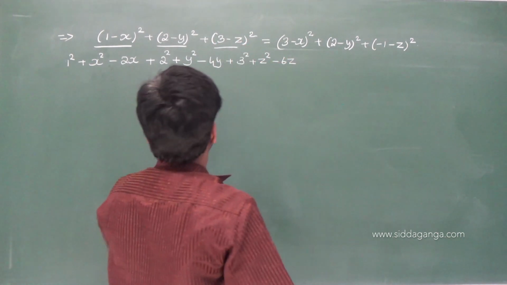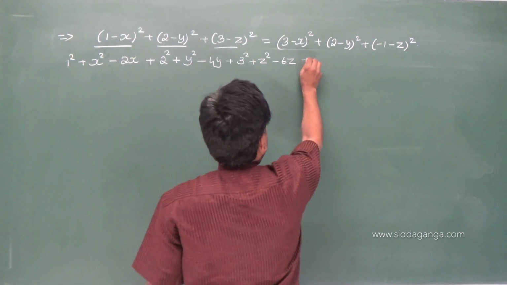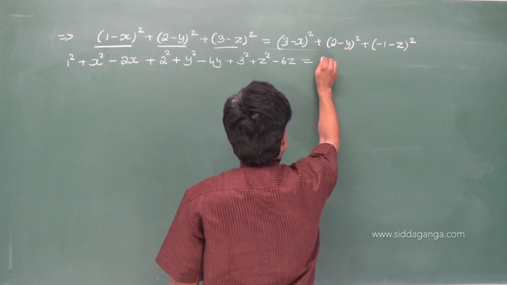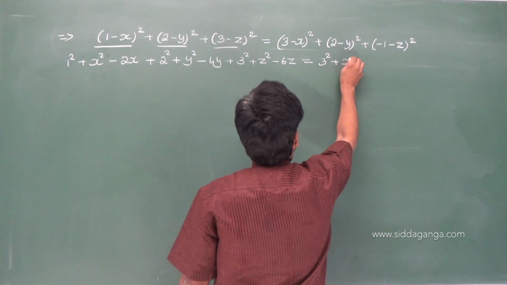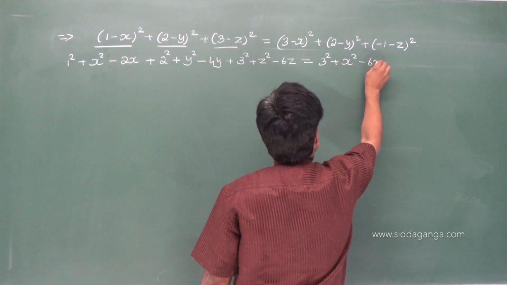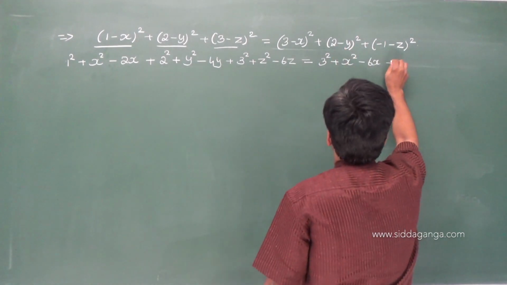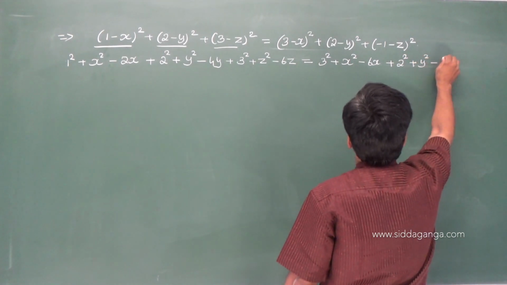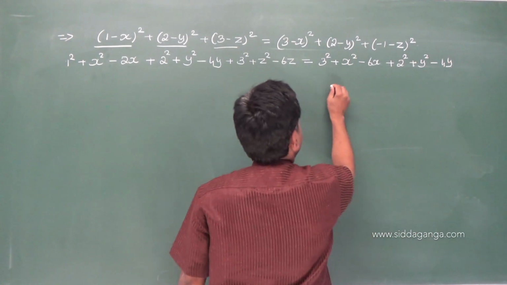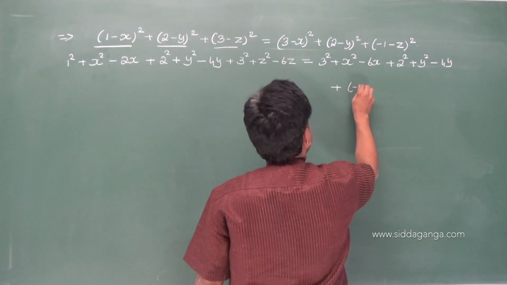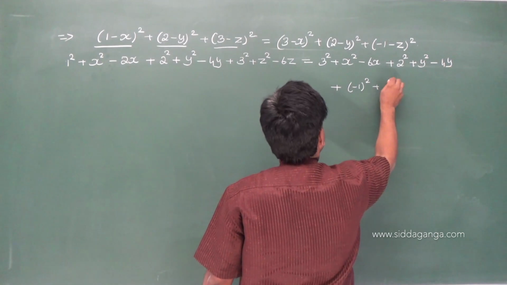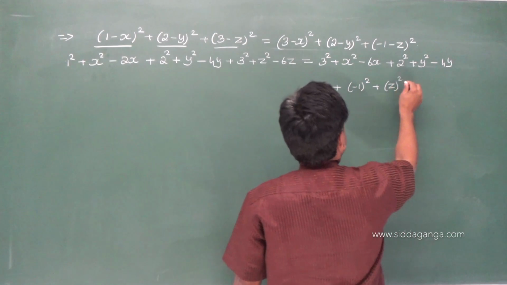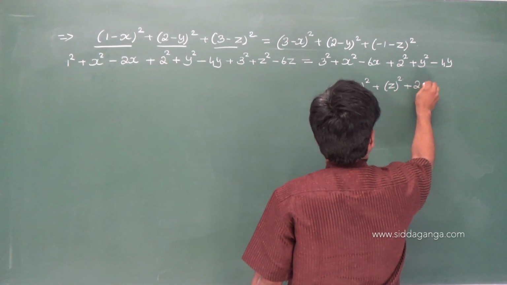LHS is completely over. Similarly for RHS, (a minus b) whole square, so 3 square plus x square minus 6x, plus 2 square plus y square minus 4y, plus (minus 1) square plus z square minus into minus plus 2z.